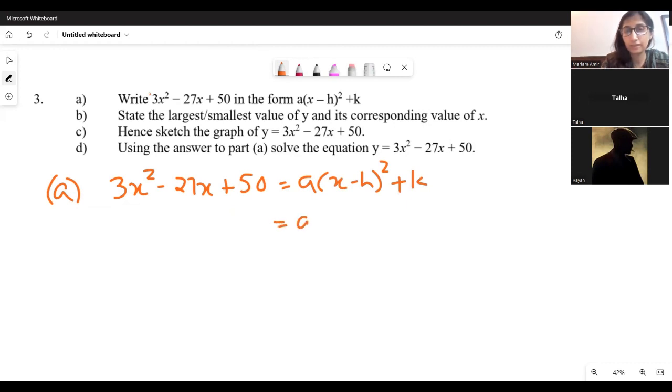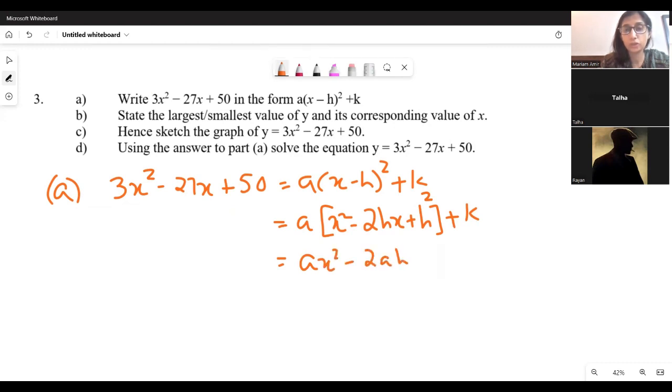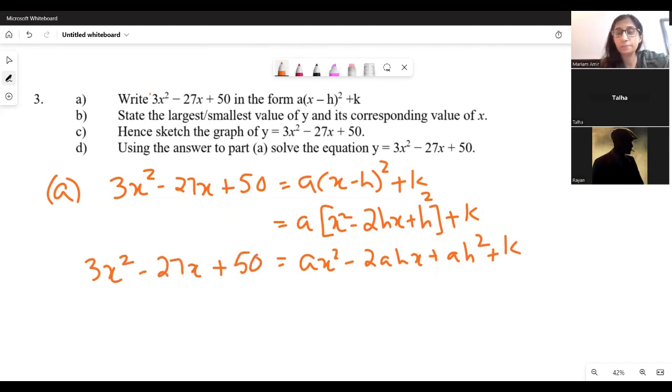Expand this: (x minus h) whole squared would be x squared minus 2hx plus h squared, and then plus k, completely expanded: ax squared minus 2ahx plus ah squared plus k. And the left hand side is 3x squared minus 27x plus 50. Now what's the next step?